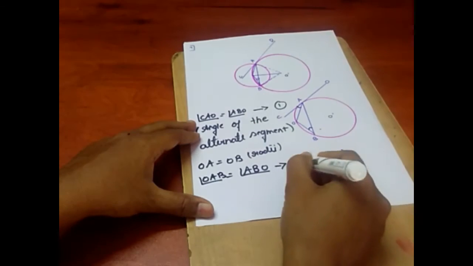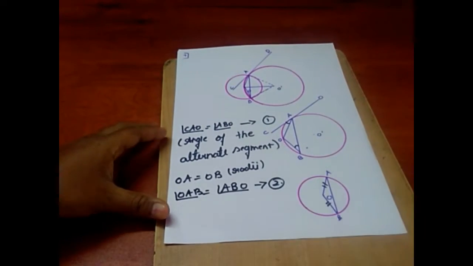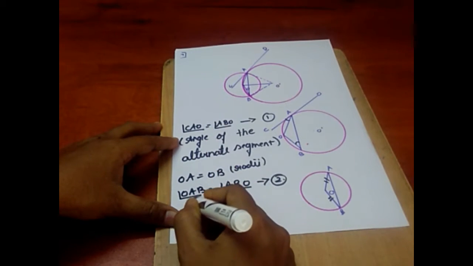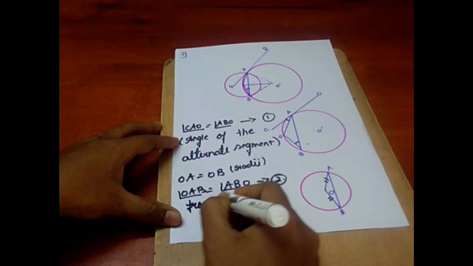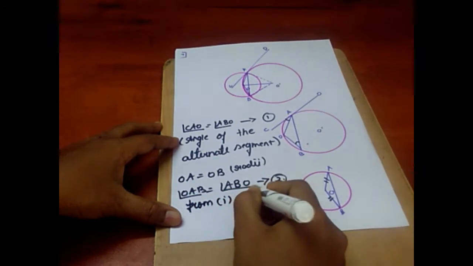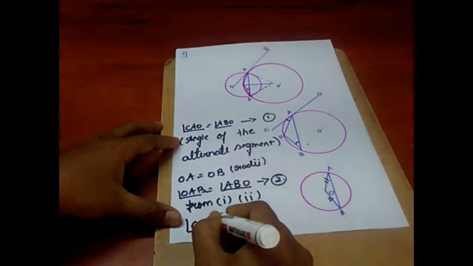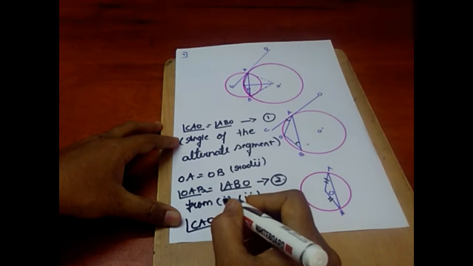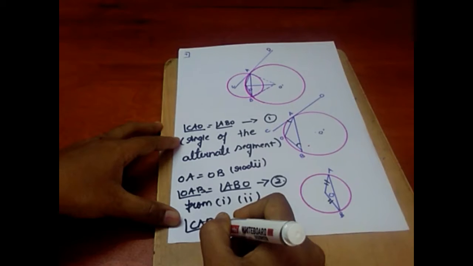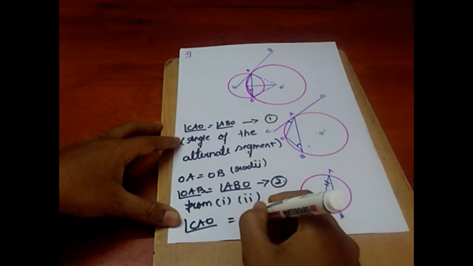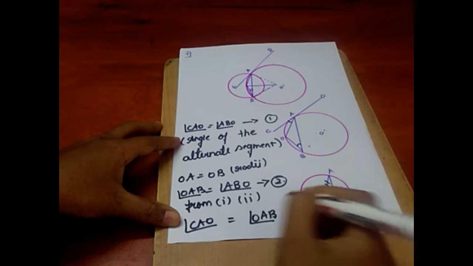Result number 2. If you observe result number 1 and result number 2, by comparing 1 and 2, we can say that from 1 and 2, ABO is the common angle. Hence, I can say angle CAO is equal to angle OAB.